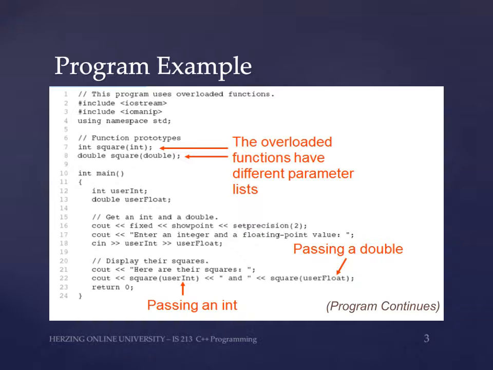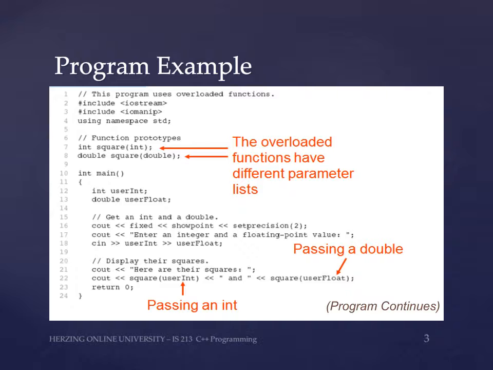So when they are displayed in the output, you have the function that passes an integer and the one that passes a double. So you've got two inputs, user int and user float, that are being passed to each of the functions, and it is based on the type of the parameter that's passed.